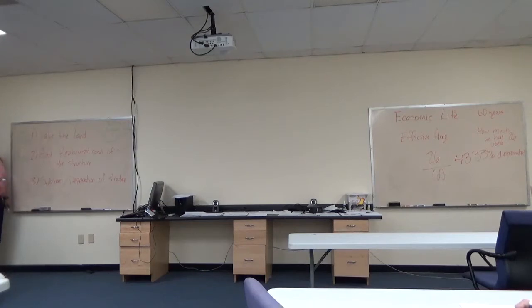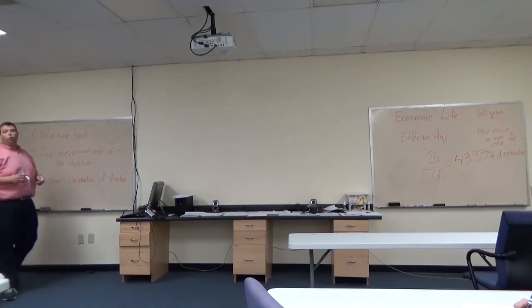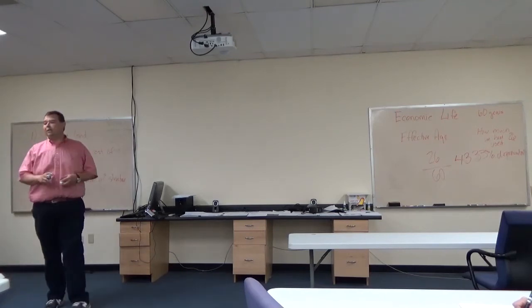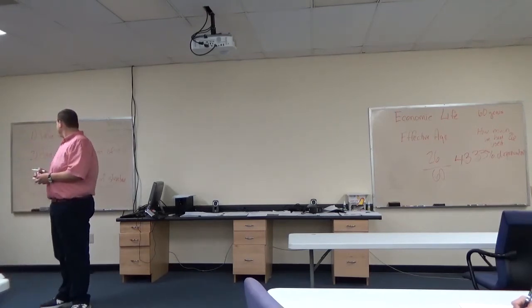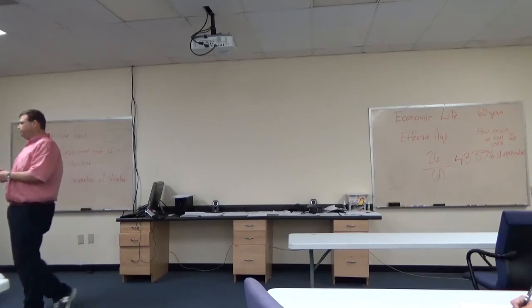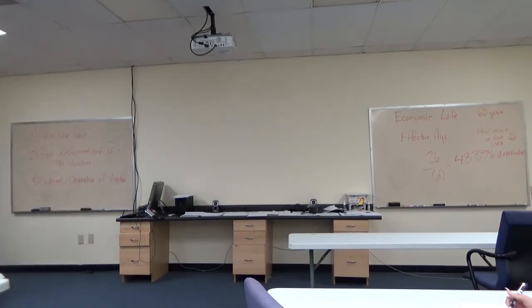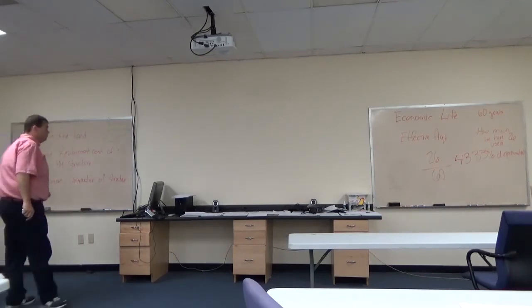So what's its effective age? It's used 22. What's the effective age? 22. So it's used 22 years of 70, which is its economic life. We have everything we need to know in order to calculate the replacement value of that property right there. So let's take a look at it. What does step one say we need to do? Value the land.